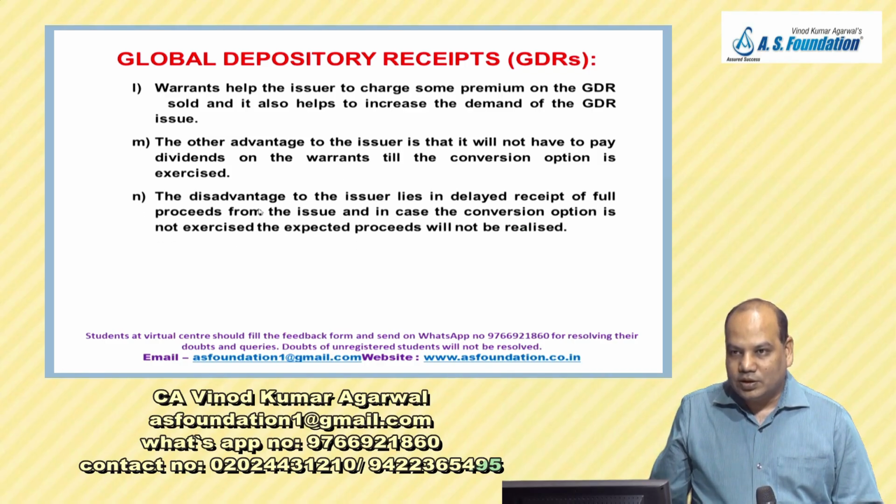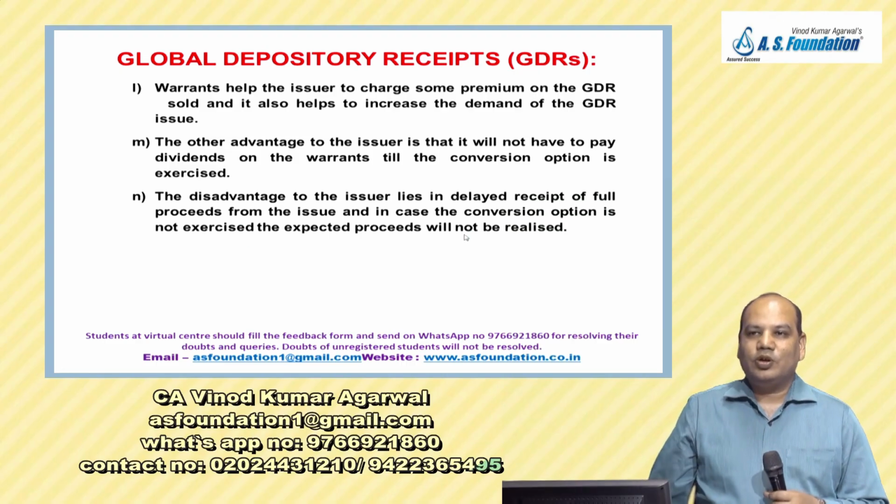But there is a disadvantage. You do not get the full value of the warrant at the time of issue. You will get the amount only on conversion of warrant into shares. And in case the conversion option is not exercised, the expected proceeds will not be realized.